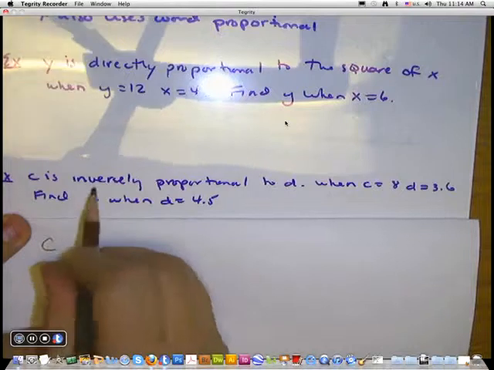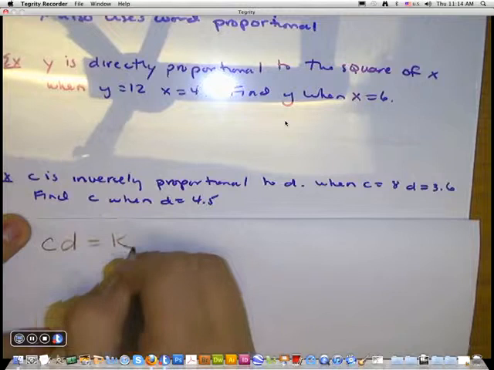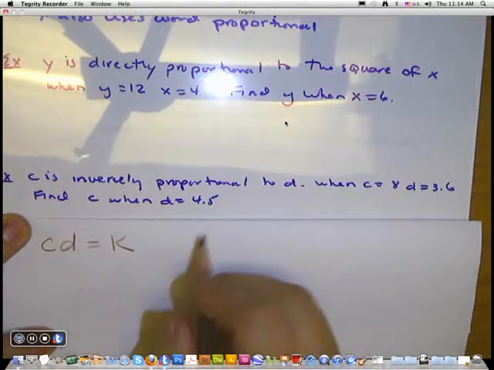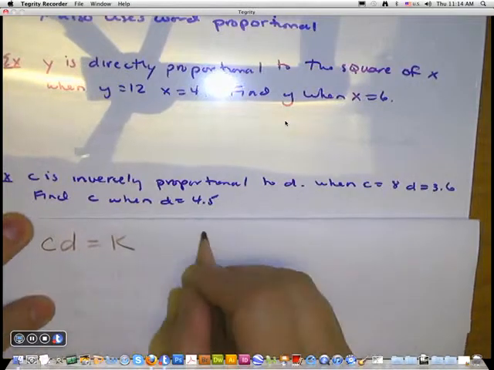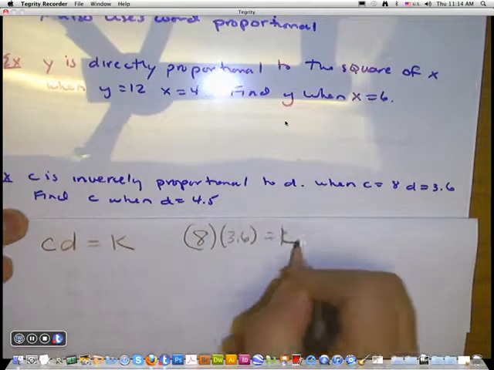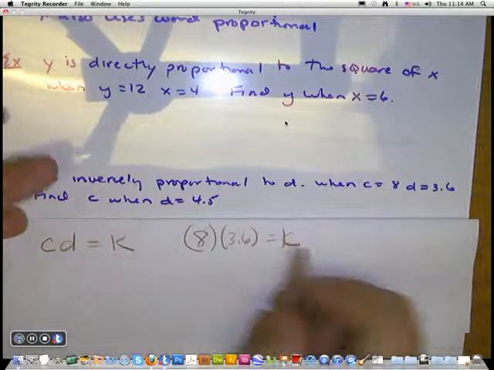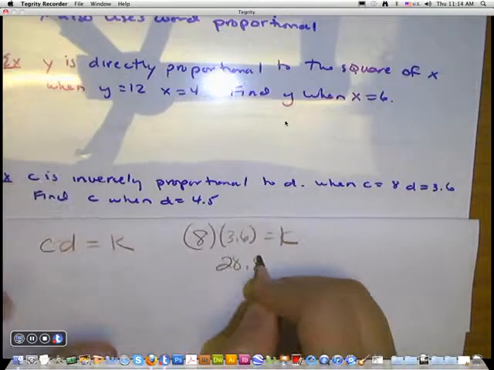C inversely proportional means same side as D. Now we're going to find K because I know what C and D is. We get 28.8.